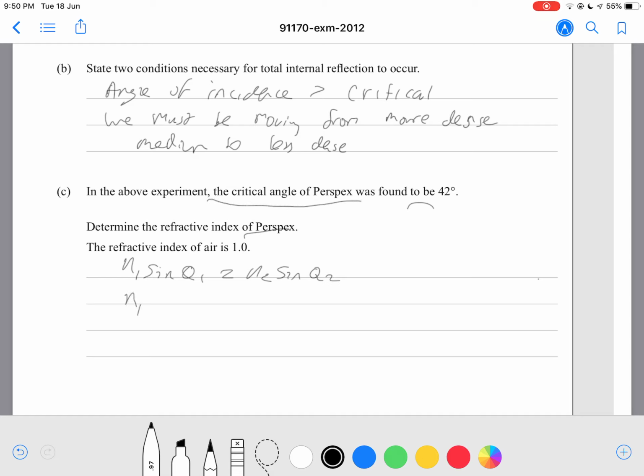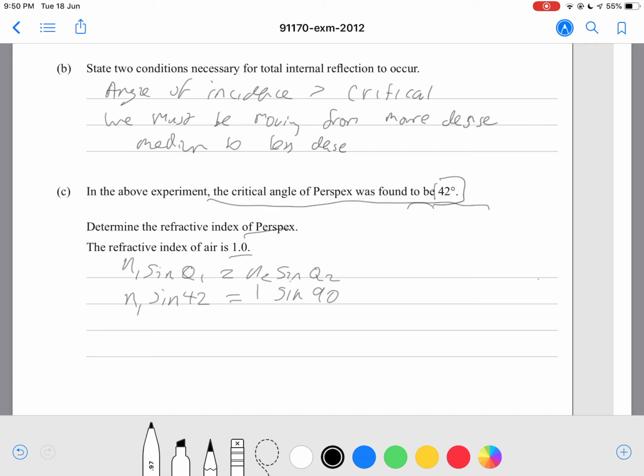We know that the critical angle of perspex will be found to be 42 degrees. So when the angle of incidence was 42 degrees, the ray was refracted at 90 degrees. So n1 sine 42 equals n2, given to us as 1, times sine 90, because it's a critical angle and therefore refracts 90 degrees to the normal.